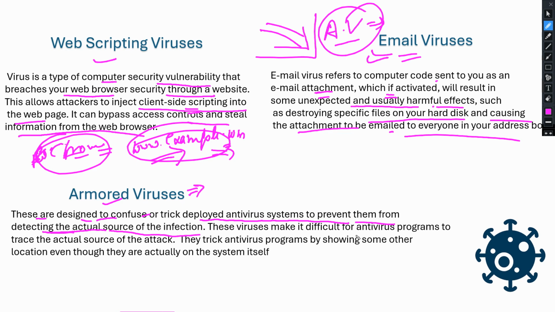These viruses make it difficult for the antivirus to trace the actual source of the attack, and they trick the antivirus program by showing some other location even though they are actually on the system itself. Okay, so these are the armored viruses.